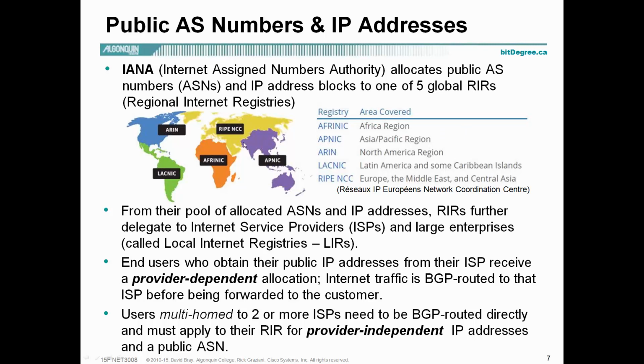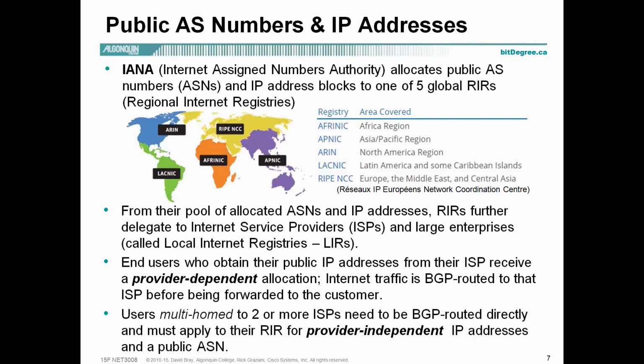So it's color coded in this map, but basically from the pool of allocated AS numbers and IP addresses, these regional internet registries can further delegate some blocks to ISPs, and sometimes the large enterprises as well, who in turn will allocate them to customers. And the larger enterprises are called local internet registries, or LIRs.